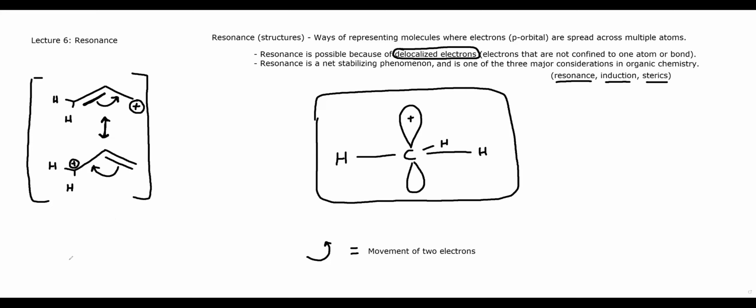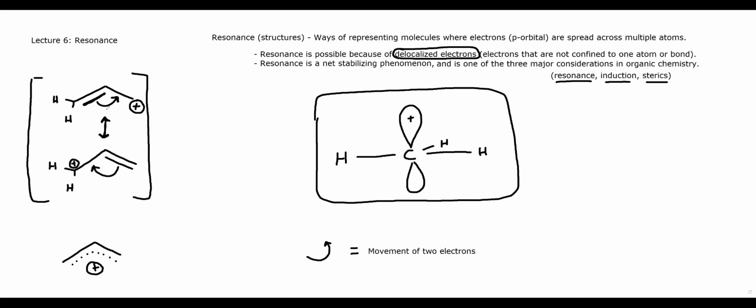You may also see this notation where you see dots all the way around, and you could put a plus there, meaning that there's a positive charge and a double bond kind of going back and forth between these two CC bonds. So the double bond could be on the left, the double bond could be on the right, and vice versa for the positive charge. So you might see this notation down here.